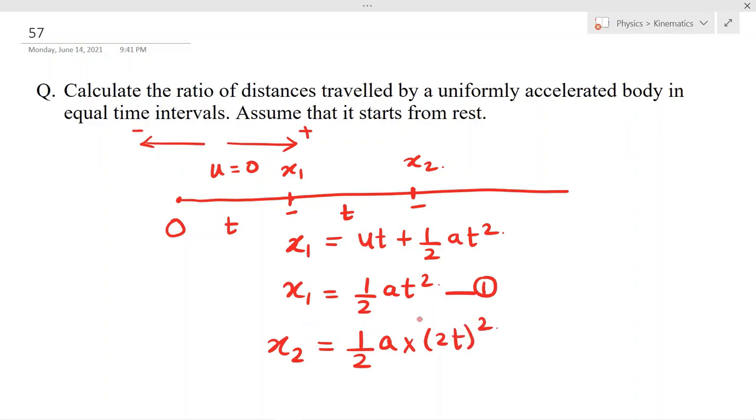Why 2t whole square? Because the time interval taken is 2 times t. Now what is this? This will be x2 is equal to half into a into 4t square. So we can cancel this 2, so this becomes 2at square.